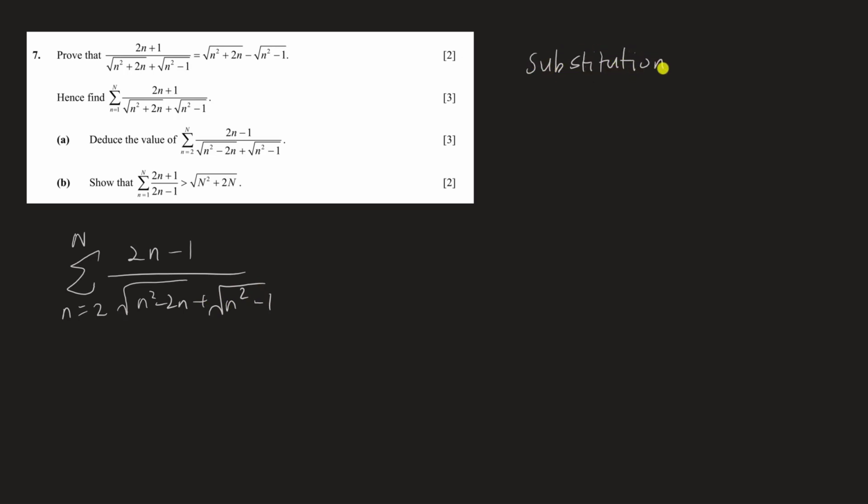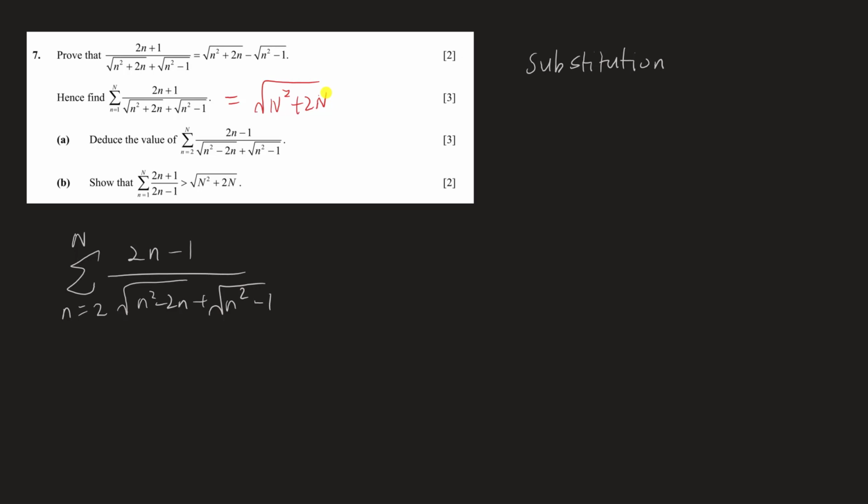So every time they ask you to deduce something that looks similar, always start off by copying what you see, which is what the question wants. And then we will use the substitution method. We will substitute what we know with something such that it looks exactly like what we already found out in the previous part here. We know that this is root n squared plus 2n.